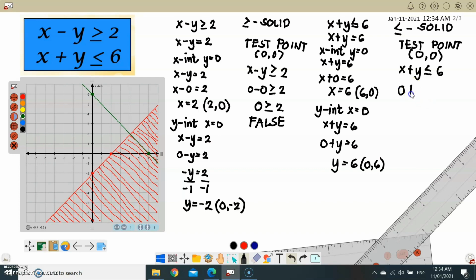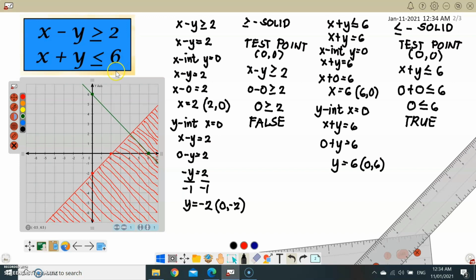So 0 plus 0 is less than or equal to 6. 0 plus 0 is 0, less than or equal to 6. Is the statement true or false? Obviously, it is true. Therefore, (0, 0) is a solution to the given inequality.